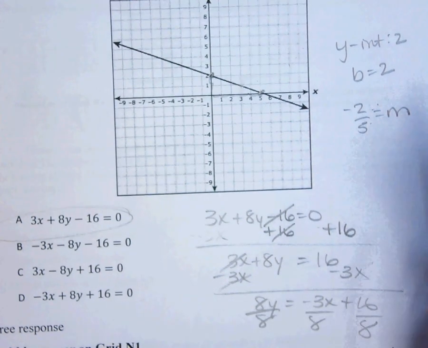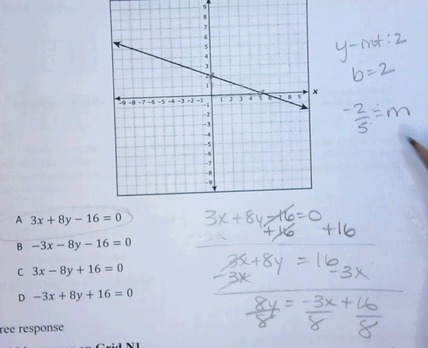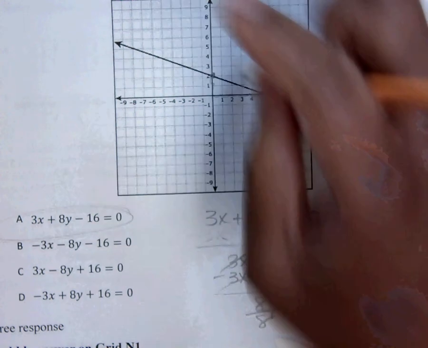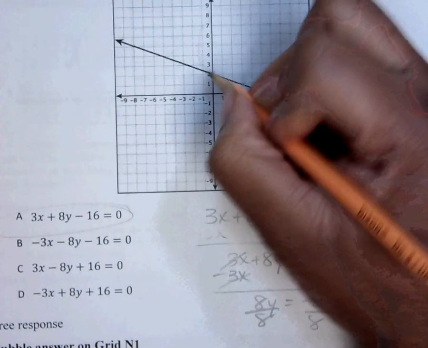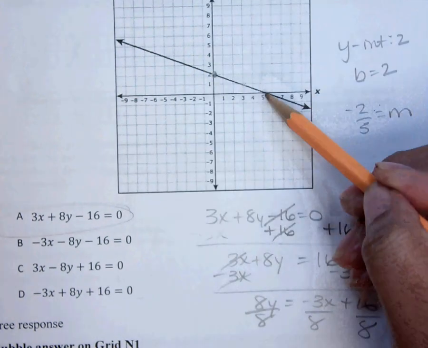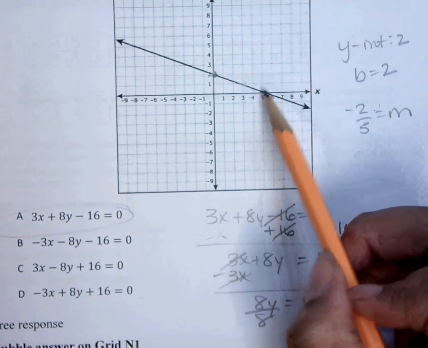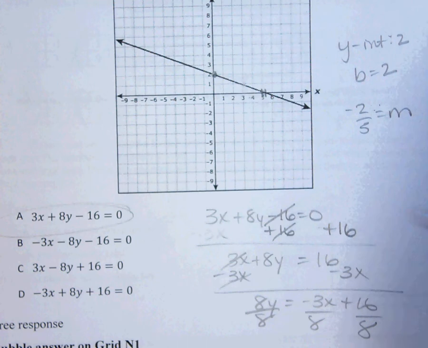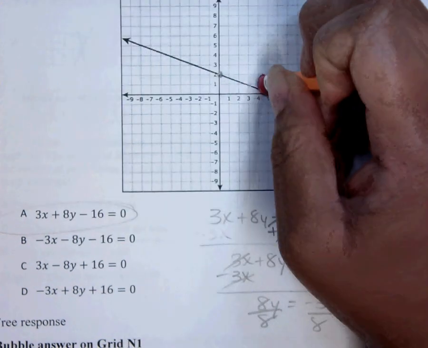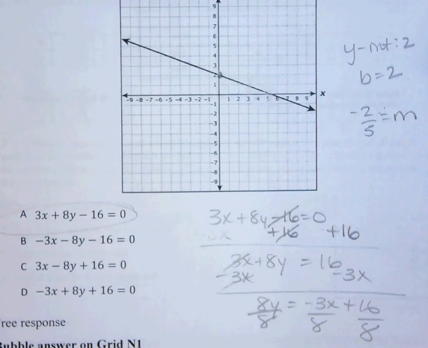Okay, so it looks like my slope is wrong. So it started at 2. I picked the wrong point because that didn't cross right here. It crossed right there. So that's one of the things that you guys did wrong. You would pick the wrong point. So what is the correct point?